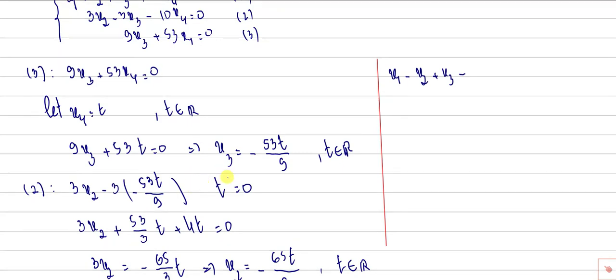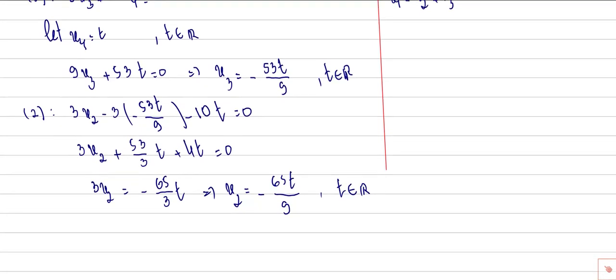So minus 10t is minus 10t, and this one is minus 23 over 9.